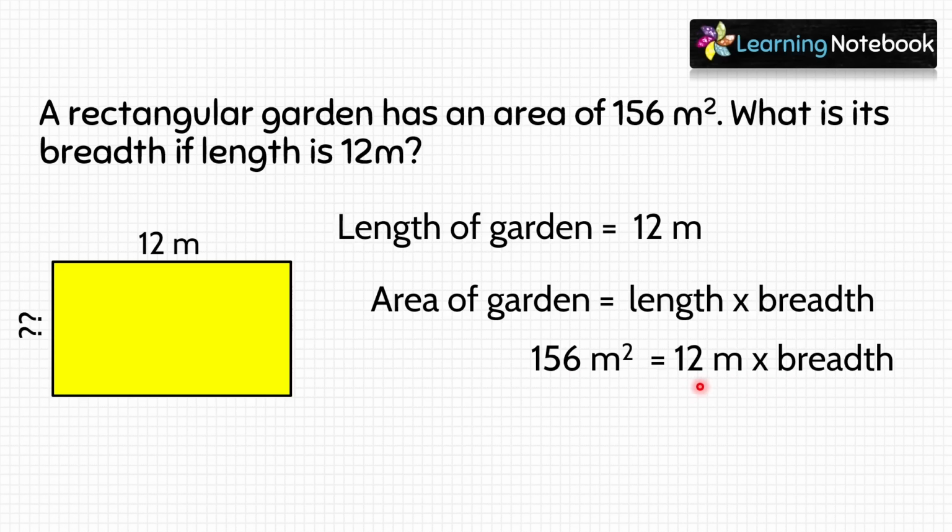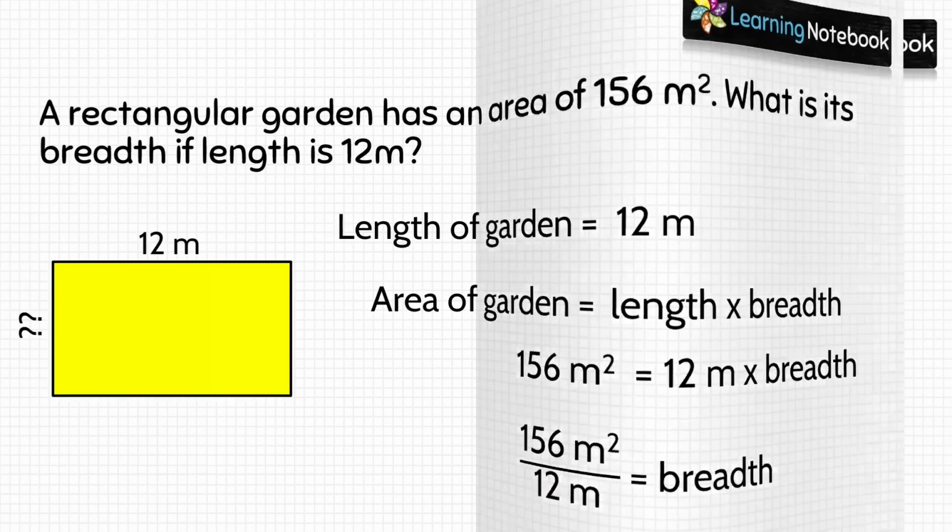Now let's shift this 12 to the left hand side. On the right hand side, this 12 is being multiplied. So on the left hand side, it will divide. So we get 156 square meters divided by 12 meters.